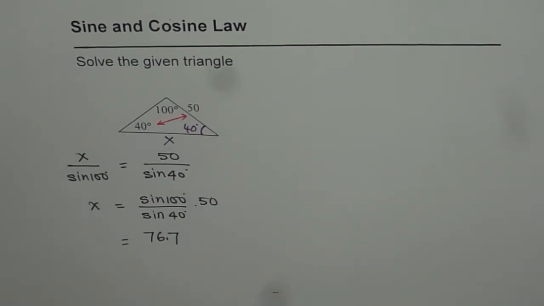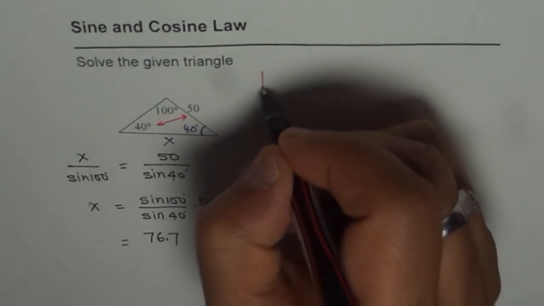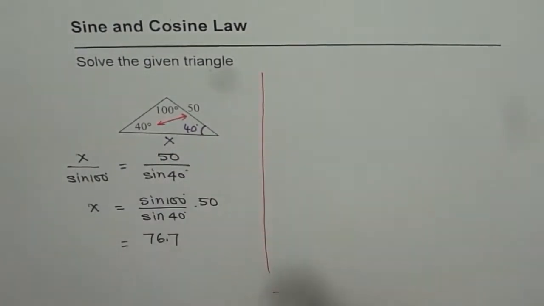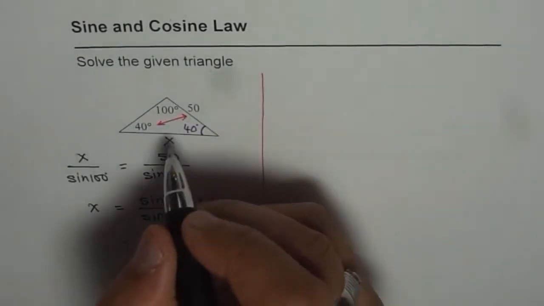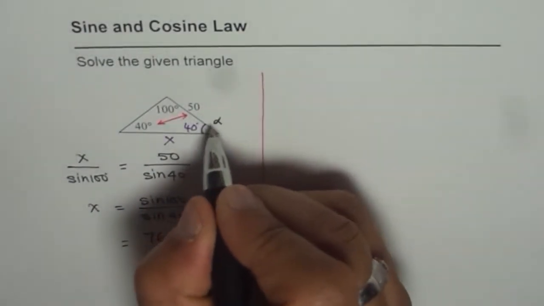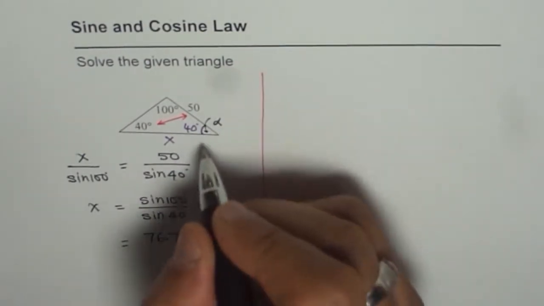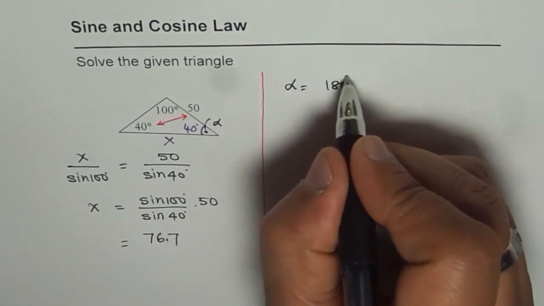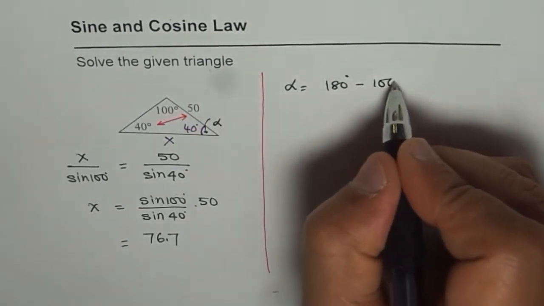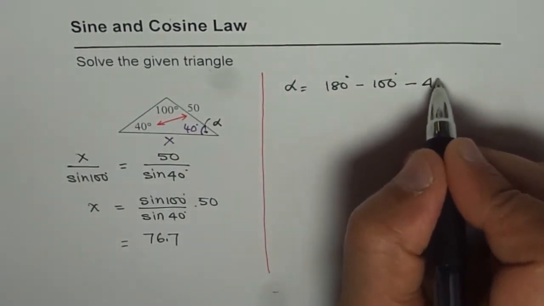Now at this stage we can find the third angle, right? So let's find the angle. Let's call this angle alpha. So the angle alpha should be equal to 180 degrees minus 100 degrees minus 40 degrees.